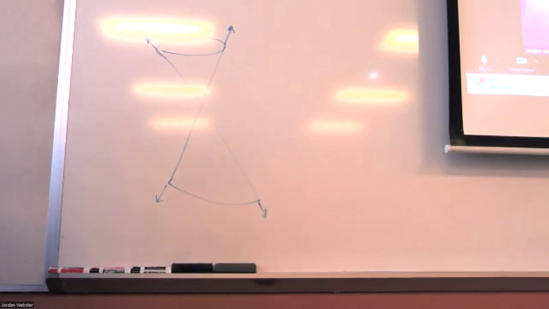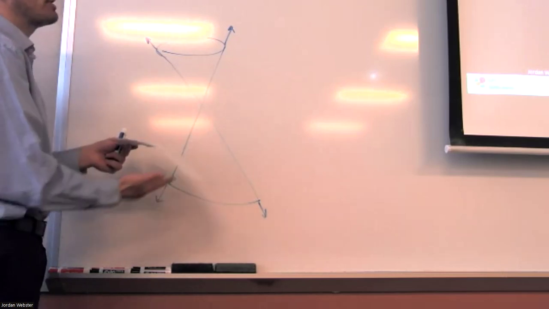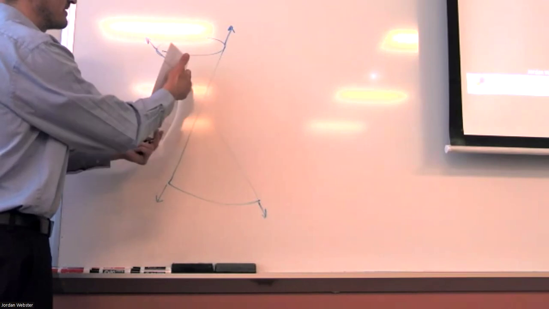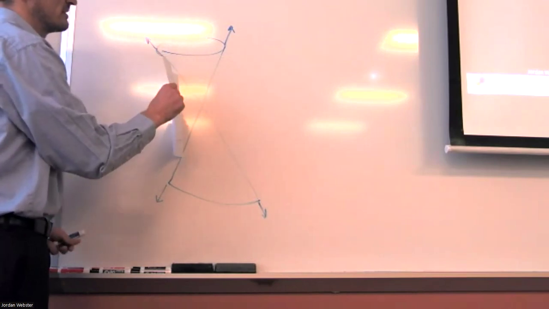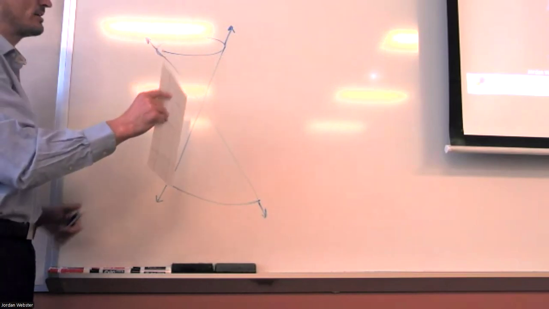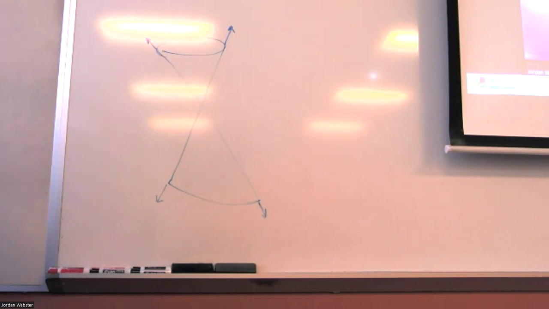And we're going to take a plane. And again, an infinite plane. I'm just going to hold up a piece of paper. We're going to take a plane and we're going to cut this cone at various spots. And the intersection of that plane with the cone is going to create some image.